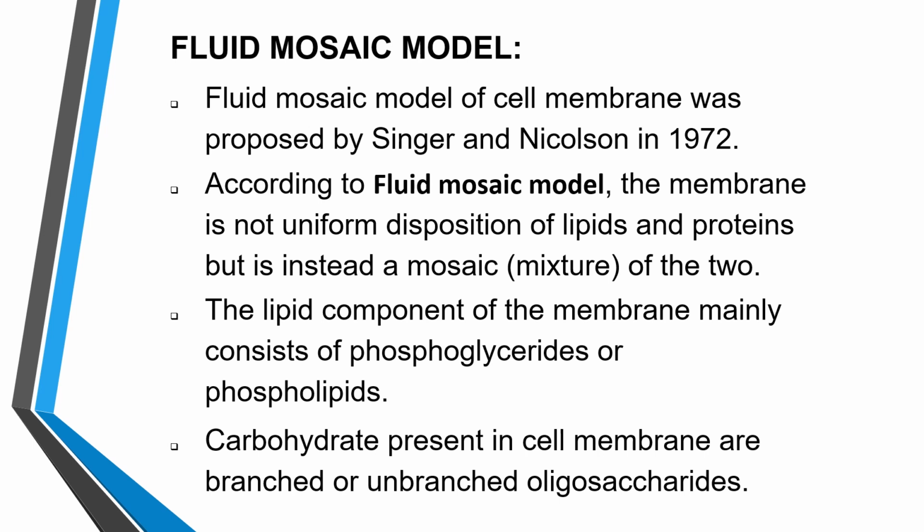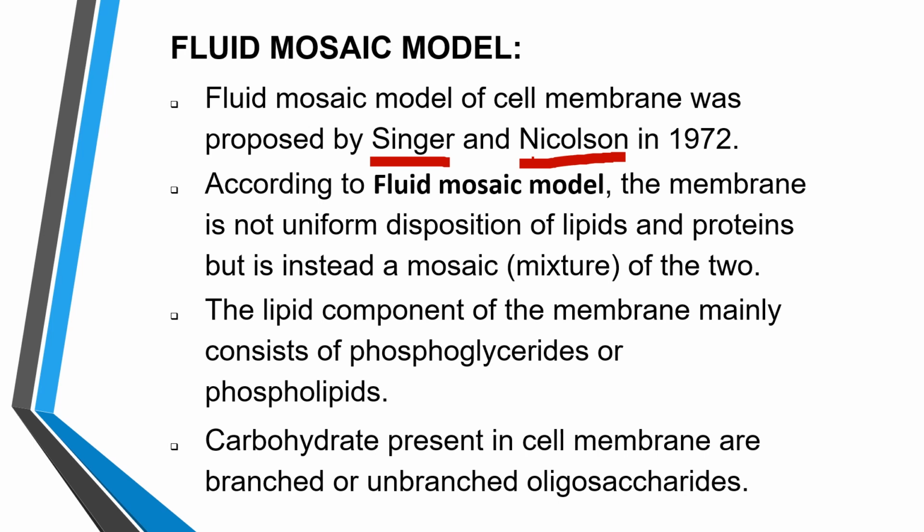The fluid mosaic model of the cell membrane is the most accepted model, which was given by two biologists, Singer and Nicolson, in 1972. So it is very important to note down that Singer and Nicolson gave the most accepted model of the cell membrane.